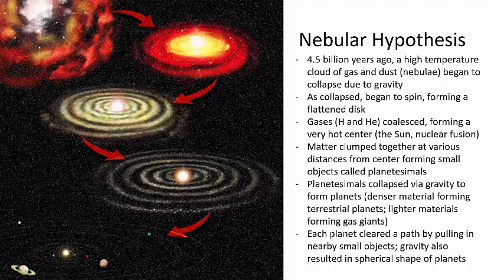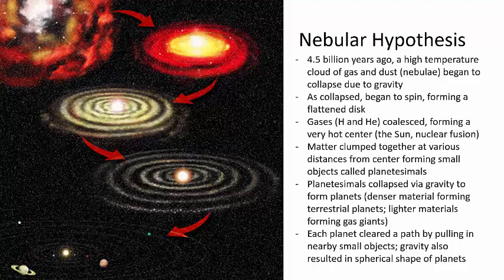Now, as the planets spun around in these orbits, each of the forming planets would clear a path. That is, due to gravity, if a big chunk of matter is revolving around the center of this rotating disk, anything that is near it or in front of it or behind it would be pulled by gravity to that larger chunk, so that eventually it would accumulate like a snowball rolling downhill.